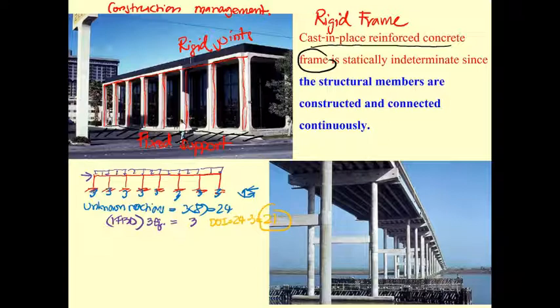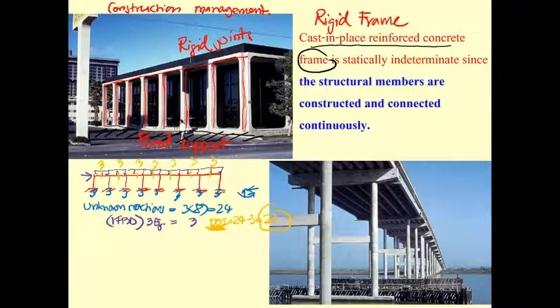Okay. And if you go back to your chapter 3, for this kind of frame you can also calculate the degree of indeterminacy by just cutting this one. This is 3, 3, 3, 3, 3, this one also 3, and this one also 3.